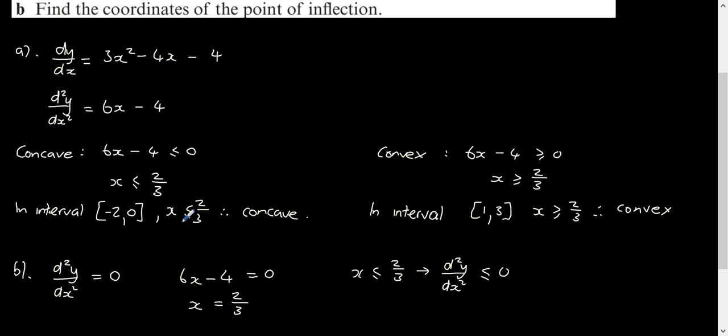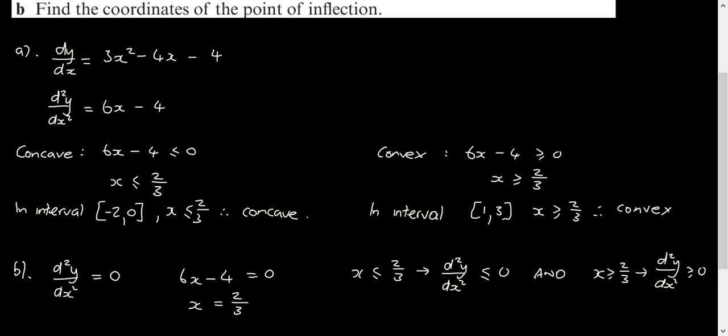That's what we did in part A of the question. But had we not done that, we'd have to work it out and state it. Also, for x greater than or equal to 2/3, d squared y over dx squared is greater than or equal to 0.